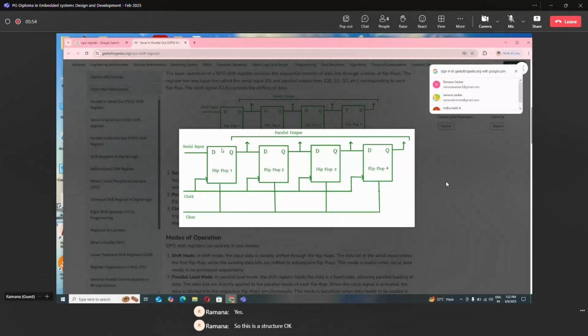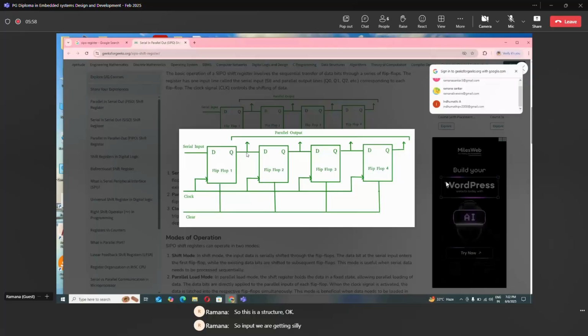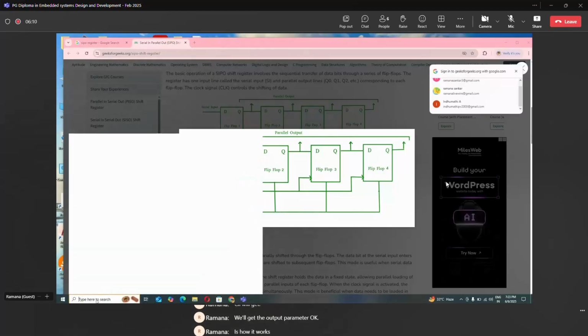The input we are getting serially. The output, this is Q1, Q2, Q3, Q4, we are getting parallelly. So serially we'll get the input and the output parallelly. Let's see how it works.